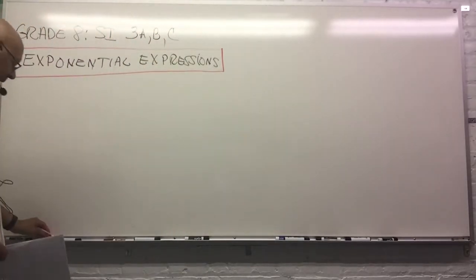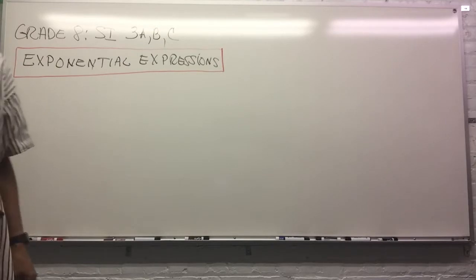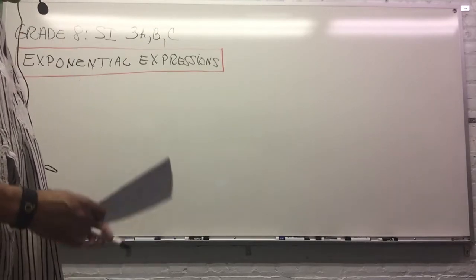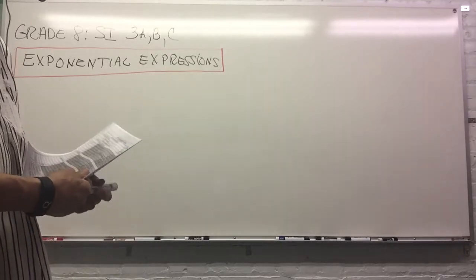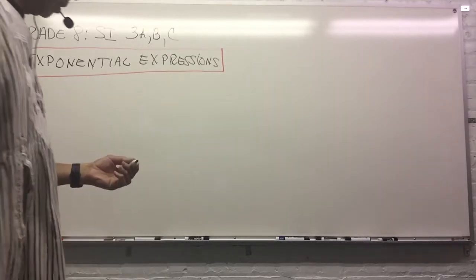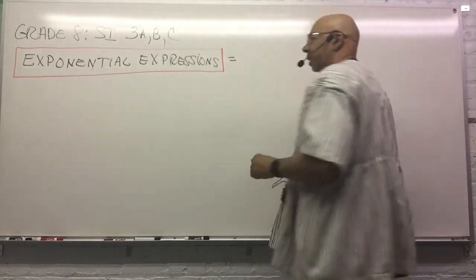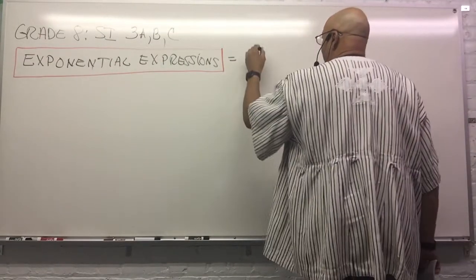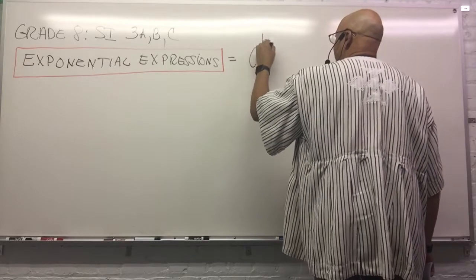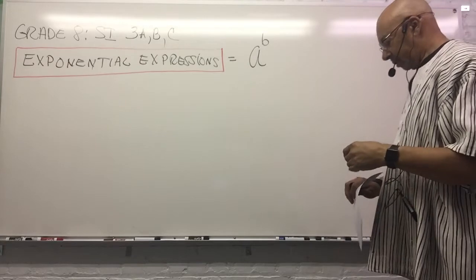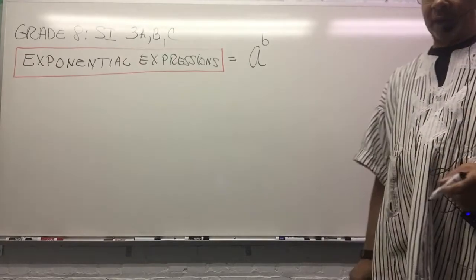So what is an exponential expression? The first thing we have to do is make sure we understand the vocabulary that we're talking about. An exponential expression is an expression that's written in the form of A to the B. Or I could have changed it another way. I'll show you that afterwards.